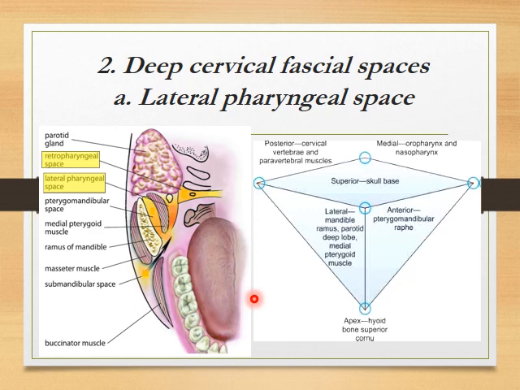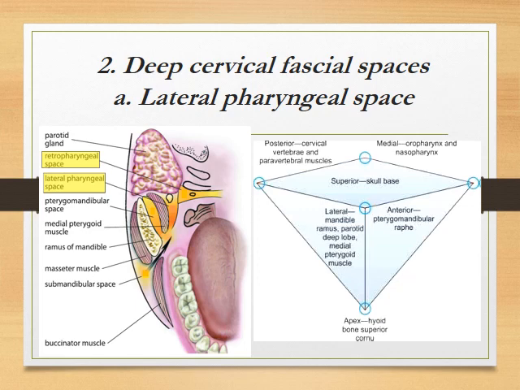The etiology, or spread of infection to this space, is usually from the lower third molar, from the tonsils, or from neighboring spaces. Its connections are with the pterygomandibular, submandibular, sublingual, peritonsillar, and retropharyngeal spaces.